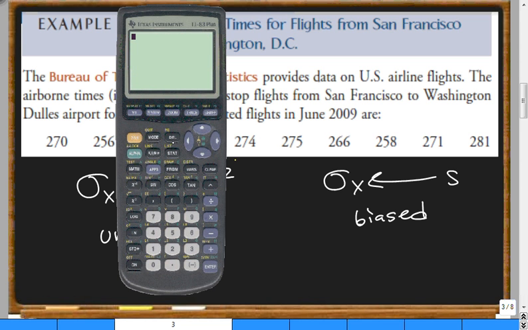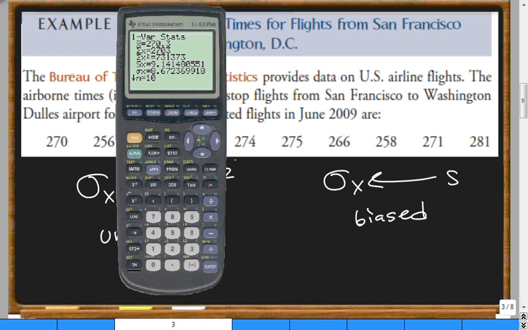So when I go and run my one variable statistics, you'll see that we have these two things pop up. We have Sx and we have our standard deviation. We have our sample standard deviation and our true standard deviation. These numbers are different.